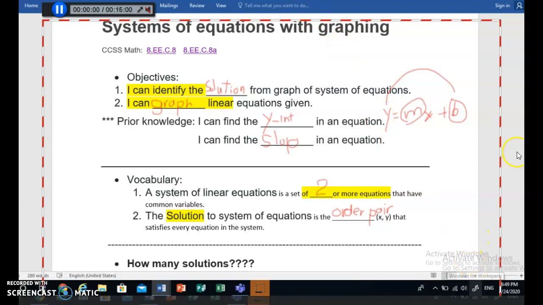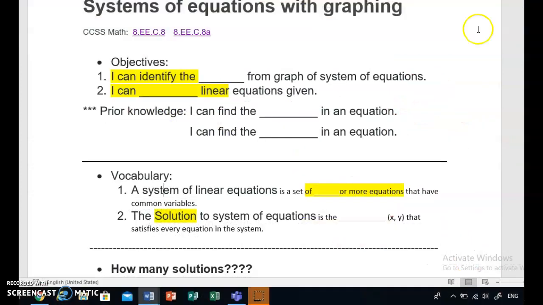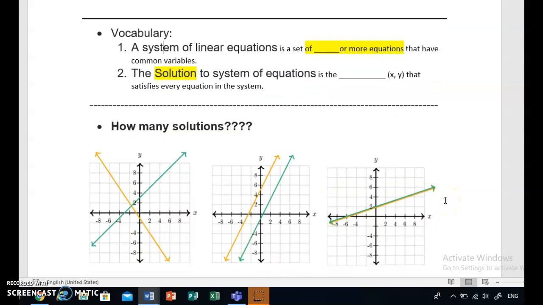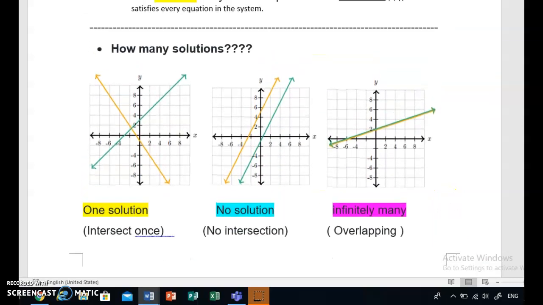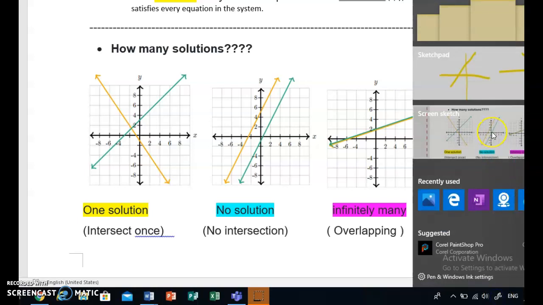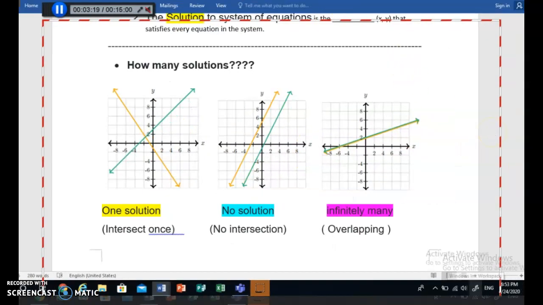Now, let's move on to next. Take a little look at this. How many solutions? It depends on these two linear equations. When there's one solution, it touches only 1 point.